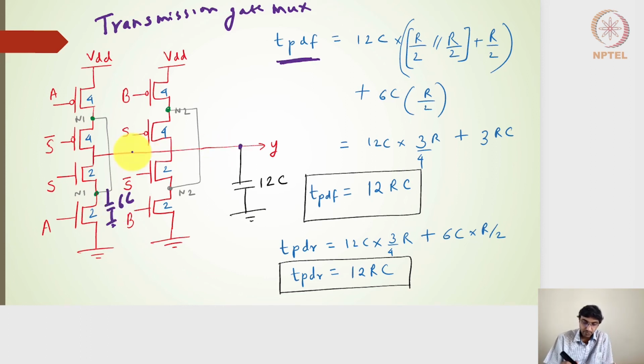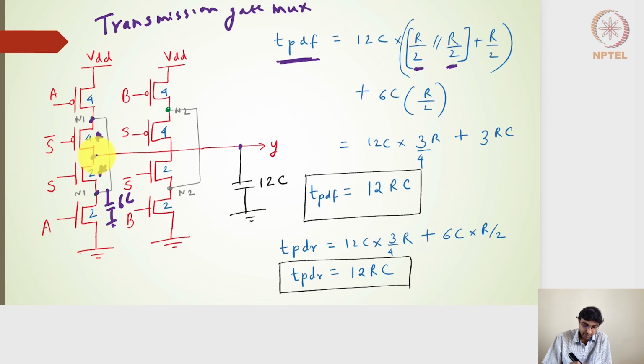And if I want to find out the propagation delay falling, it will be 12C, and then we will have this resistance and this resistance in parallel, and then an in series resistance of R by 2. So I will have R by 2 and R by 2 in parallel, because this node and this metal node are the same now.